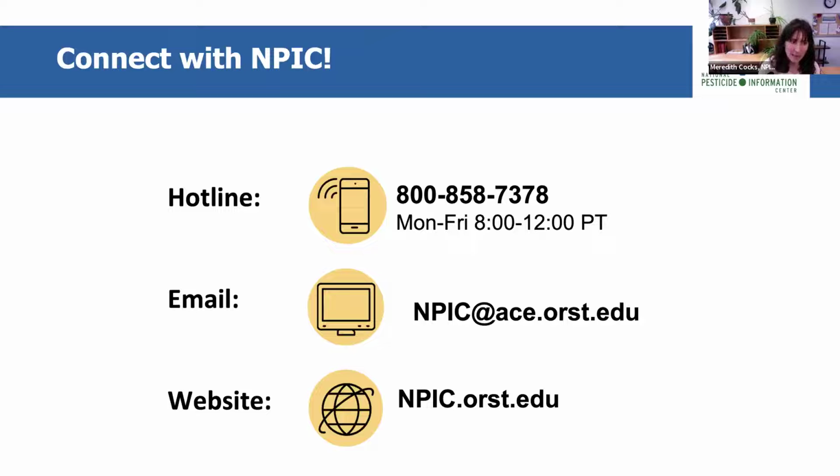In almost 10% of calls that we received in 2022, the NPIC specialist that took the call ended up giving that caller the contact information and encouraging them to call their state lead agency. But we don't communicate directly with the state lead agency anytime we get that report. It's up to the caller to make that phone call.